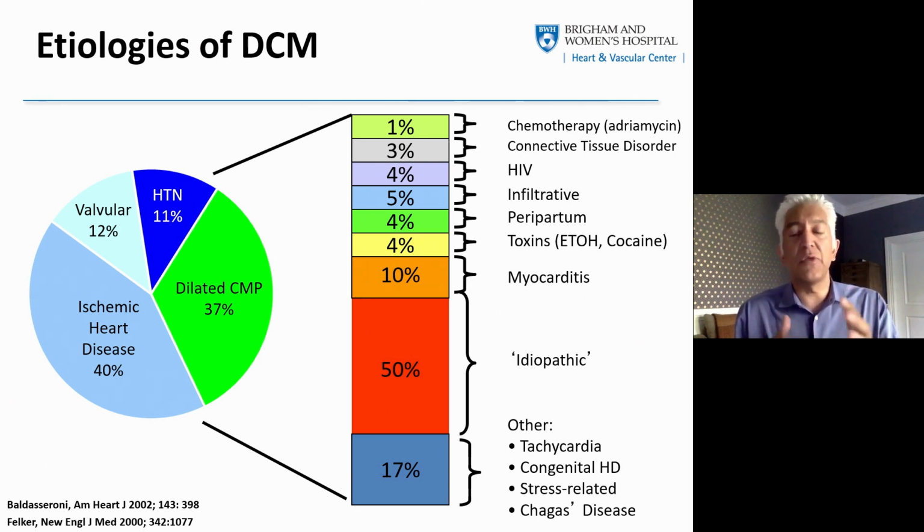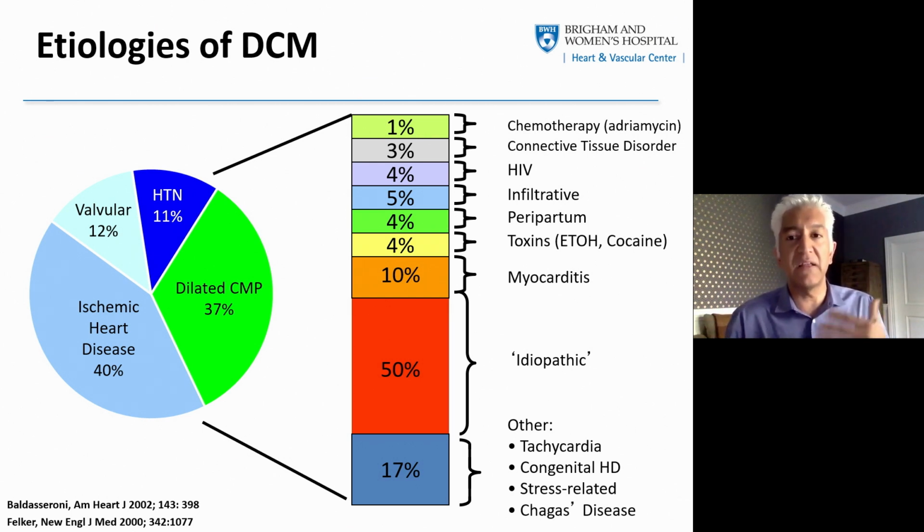But this still leaves us with about 40% of patients where we have an enlarged heart, no coronary disease, and we're not quite sure why it's happened. And the breakdown of causes of that entity, which some have called idiopathic dilated cardiomyopathy or dilated cardiomyopathy, is really listed on the slide. And I think increasingly important in that group is the entity of chemotherapy-related cardiomyopathies.